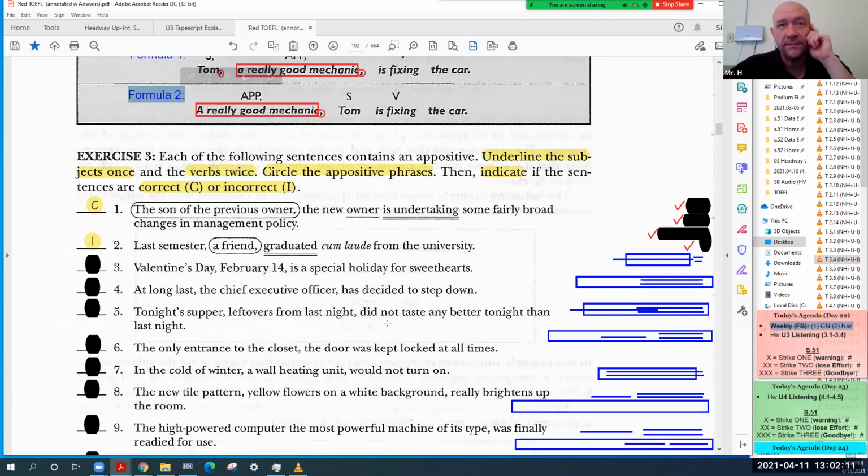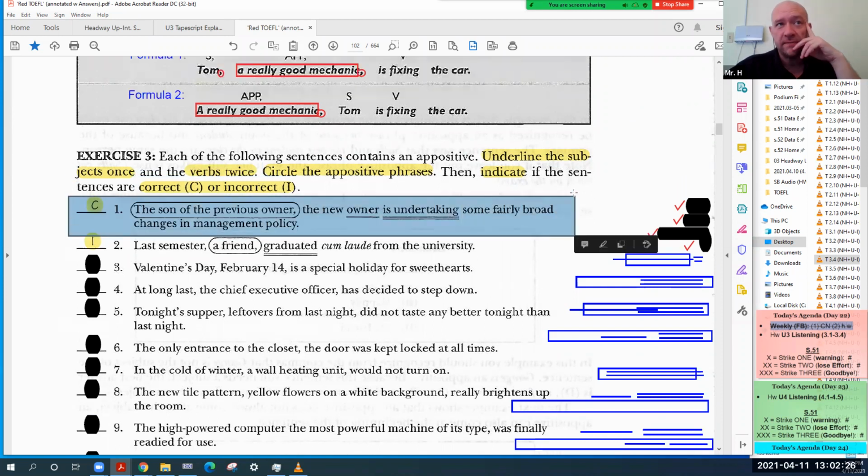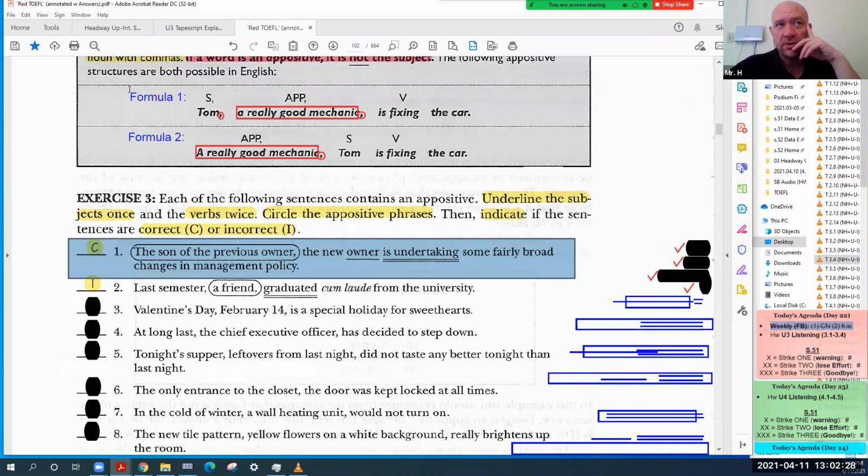So we want to underline the subject once, the verbs twice, circle the appositive, and then say if it's correct or incorrect. Look at number 1 and tell me, which formula is it? Formula 1 or Formula 2? Hassan?